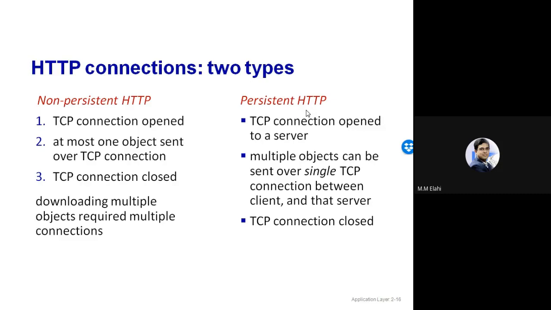So there are 2 versions of HTTP connections. One is called non-persistent. Non-persistent means every new object request needs to establish a new connection. And persistent means once you establish a TCP connection, it persists, that means for any number of objects, you can use the same connection. You got the idea?